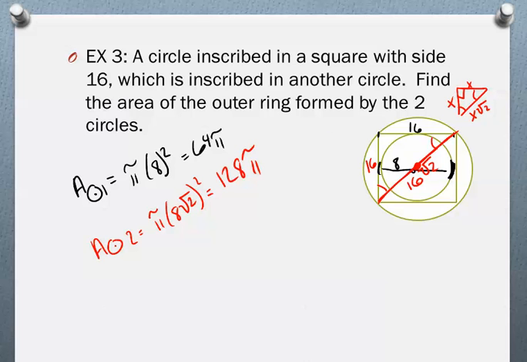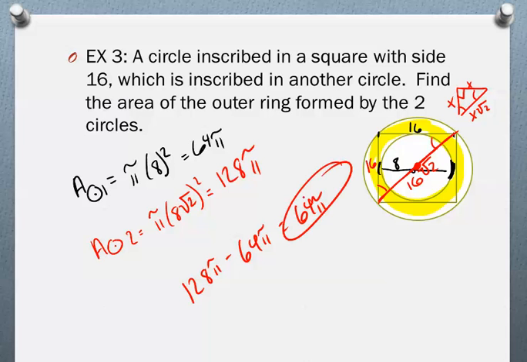And again, we're looking for the ring, being this. So it's the difference between the two. So 128 pi minus 64 pi gives us 64 pi for our area.